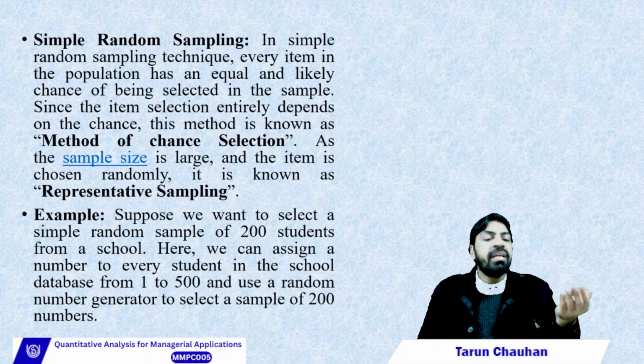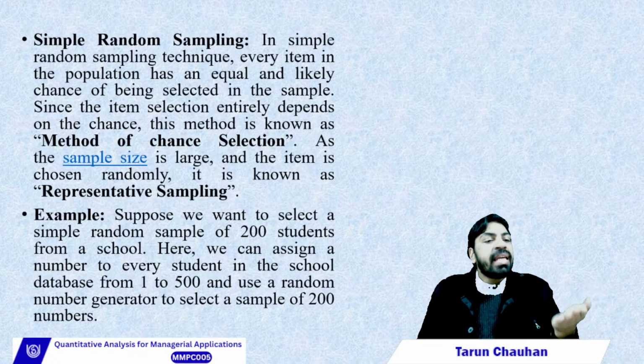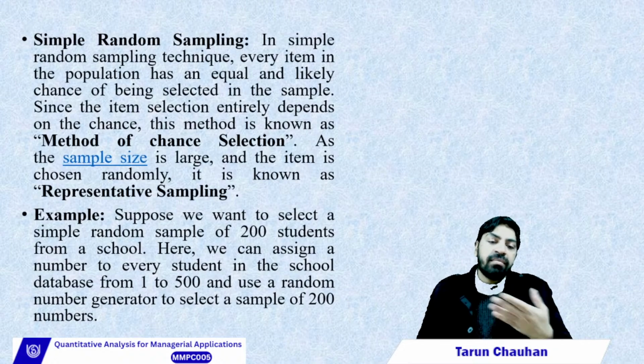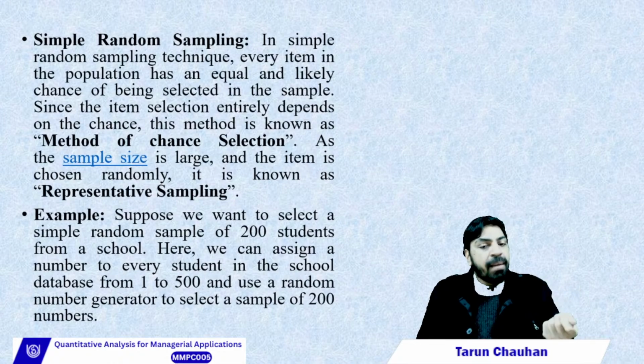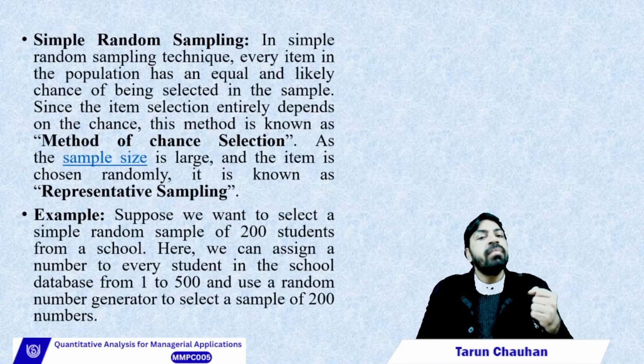Or we randomly select every second item, and that also becomes simple random sampling. If we have a database, we randomly select 200 samples from the 500 samples. That is called simple random sampling.